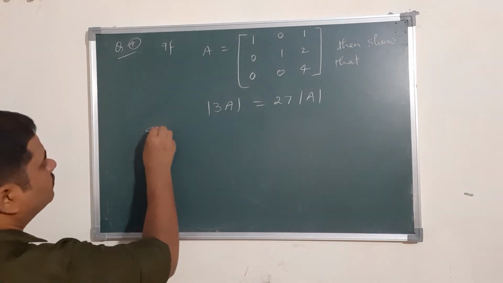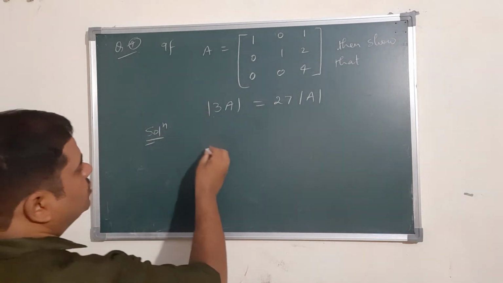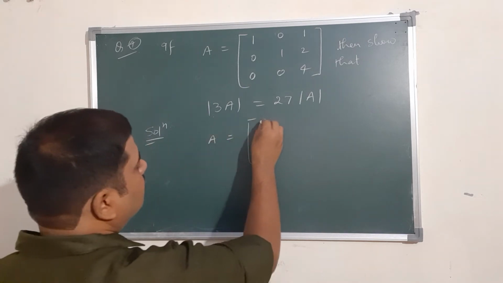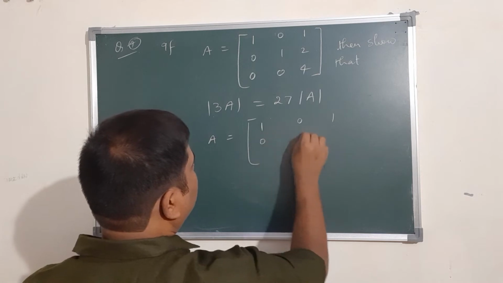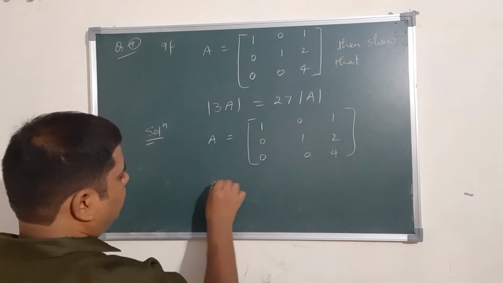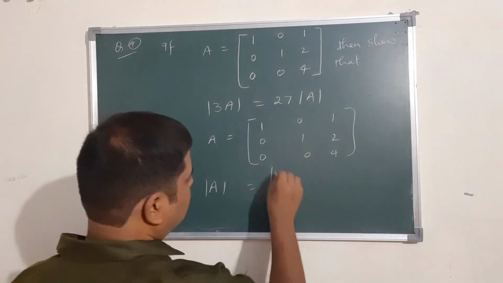Solution: first of all, A is equal to 1, 0, 1, 0, 1, 2, 0, 0, 4.